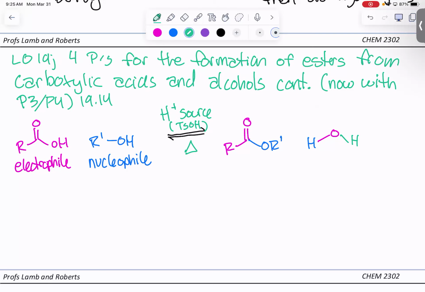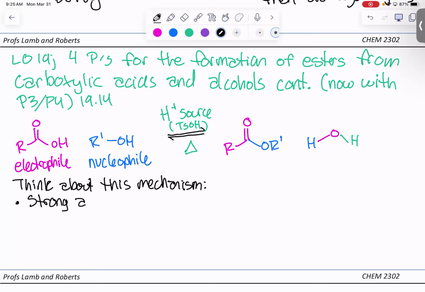All right, so we've talked extensively about this reaction, but we didn't quite have the tools yet to learn the mechanism. So now that we understand a lot more chemistry and a lot more mechanistic tools, let's think about this mechanism. What should we actually observe here? Well, something we should see is we have a strong acid. So if we have a strong acid, we're probably going to protonate something.